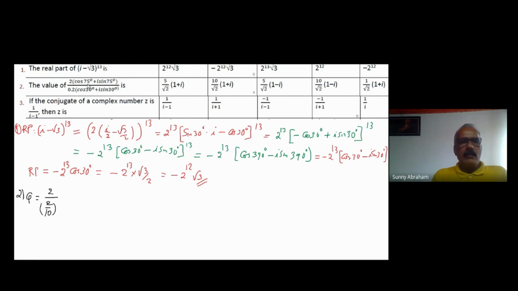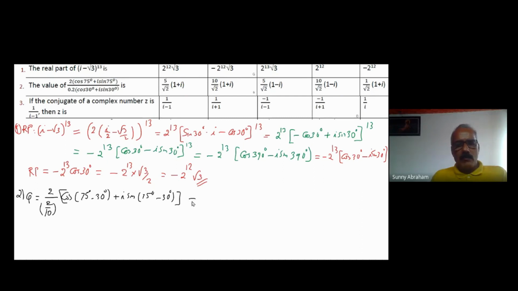And look at this, cos theta plus iota sine theta by cos alpha plus iota sine alpha. Formula I have written already. So this is going to be cos of 75 degree minus 30 degree plus iota sine of 75 degree minus 30 degree, that is in bracket.